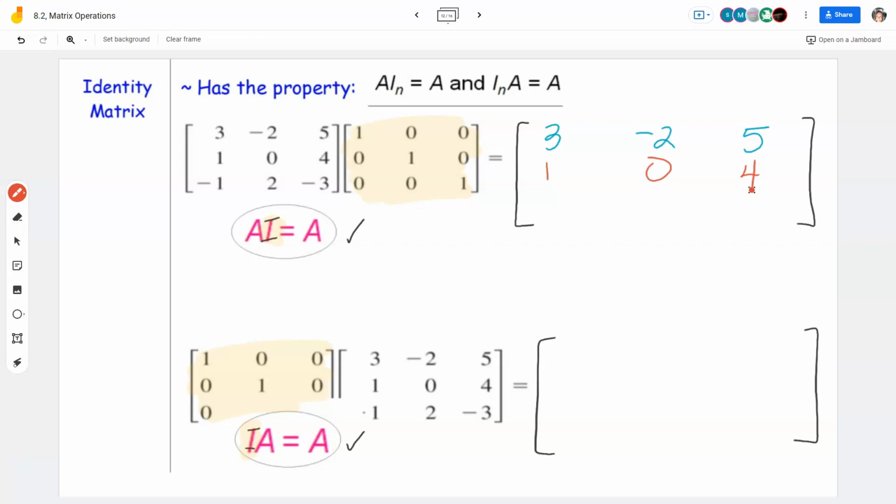So 0, 0, 4. For the third row, what do I do? -1. 0, -1, 0. Oh, careful. 0, 2, 2. 0, 0, -1. Sorry. 0, 0, -3.